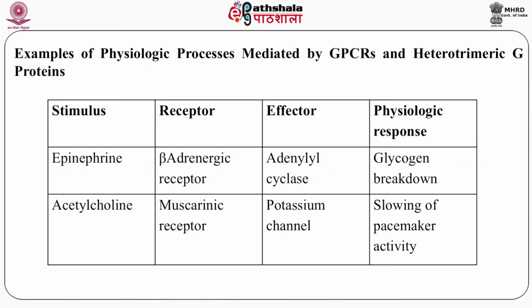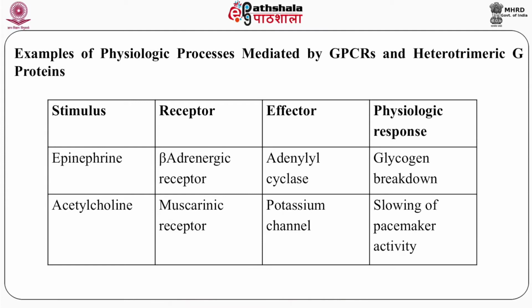Now, there are certain physiological processes which are mediated by GPCRs and heterotrimeric G proteins. For example, epinephrine utilizes the beta adrenergic receptor, which has the effector adenyl cyclase, and this process is required for glycogen breakdown.